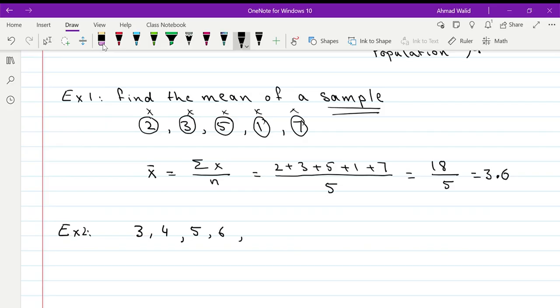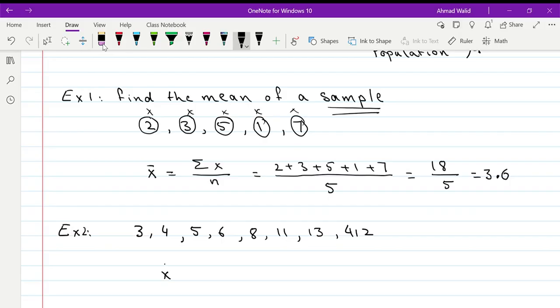5, 6, 8, 11, 13, and 412. Correct? I want to find the mean of this.